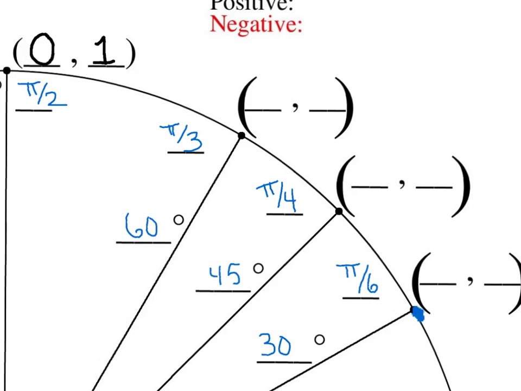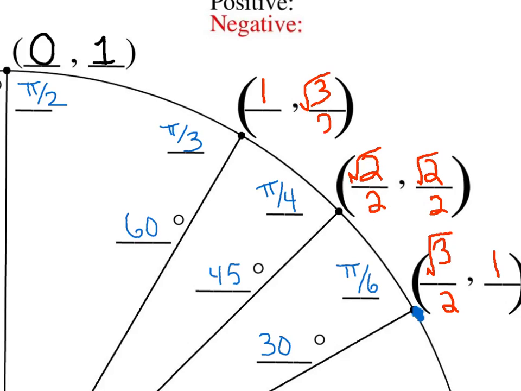I want you to think about 3, and 2, and 1. And then go the other way, 3, 2, 1. With those numbers, I want to write them each as the square root over 2, and the square root over 2, and the square root over 2, and the square root over 2.